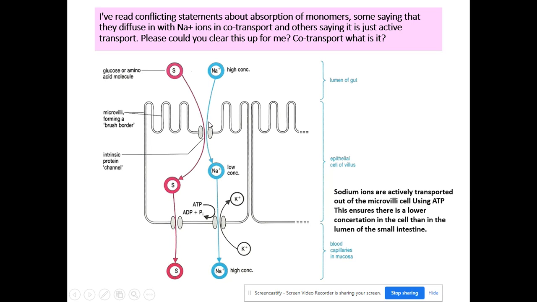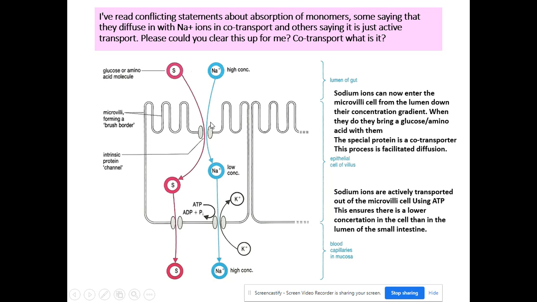So the sodium ions that are coming in, they are actively pumped out into the tissue fluid. And this ensures that there is always a lower concentration inside the microvilli cell compared to here in the lumen of the intestines. Now that is important because it means that sodium ions are always going to be able to enter into the microvilli cell down their concentration gradient.